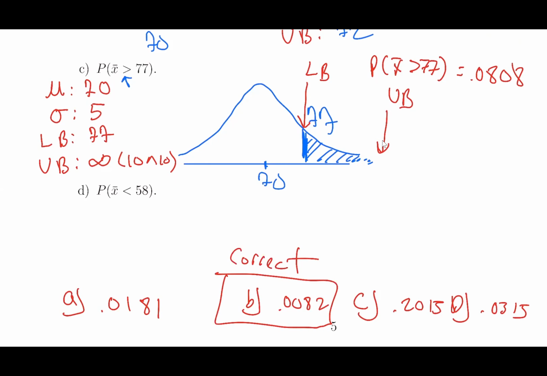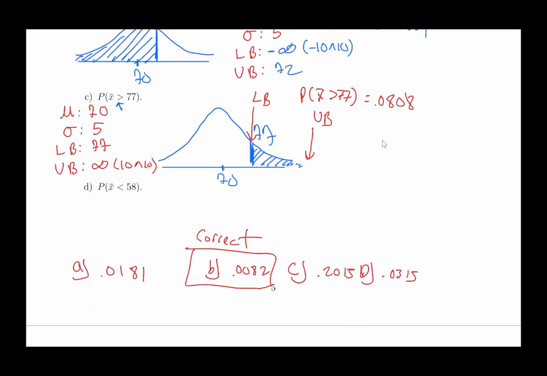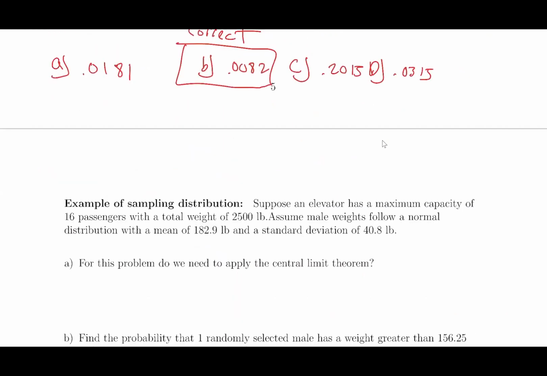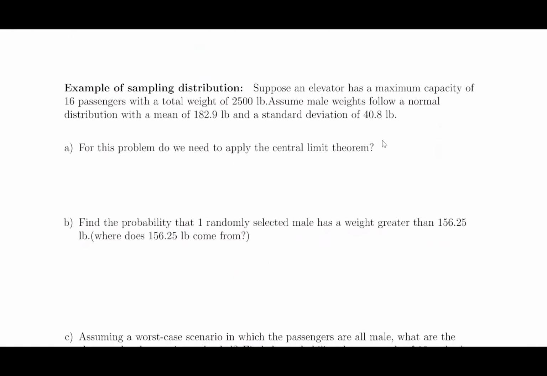All right. So up next, we're going to do a word problem so that you can apply it. For this one, it says suppose an elevator has a maximum capacity of 16 passengers with a total weight of 2,500 pounds. Assume male weight follows a normal distribution with a mean of 182.9 pounds and a standard deviation of 40.8 pounds.